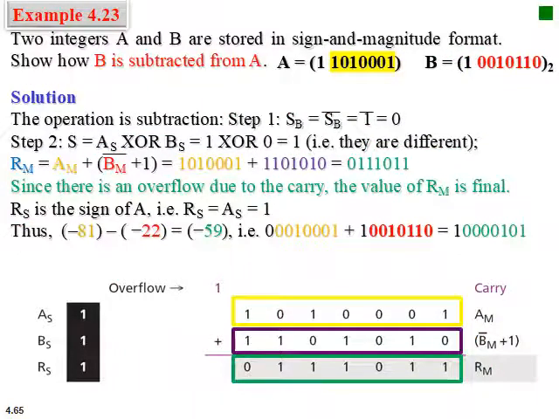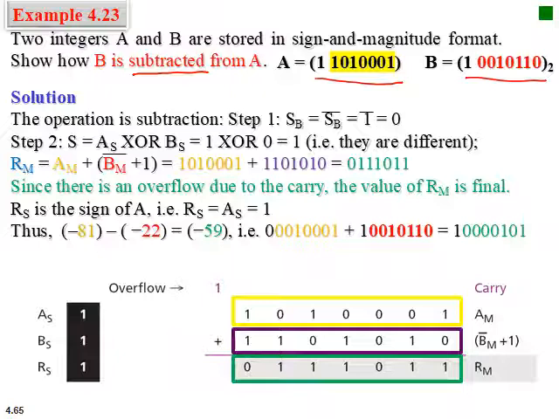In this example, 423, we have two integers a and b, similar again, but now this is a here, and that's b over there. But now b is subtracted from a. So let us see. If we follow the algorithm, the operation is subtraction, therefore we have to do step 1.